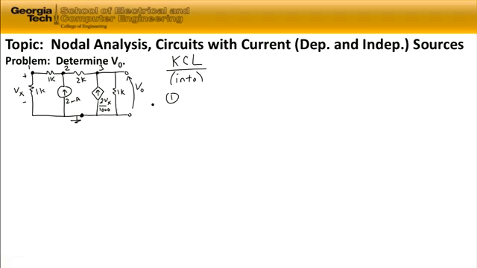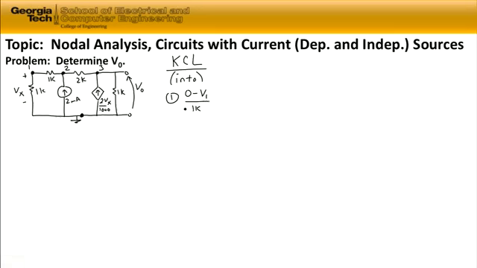If we sum the currents into node 1, we have current through the 1 kilo ohm resistor on the left-hand side of the circuit, and current flowing through the 1 kilo ohm resistor on the top of the circuit. The current through the left-hand resistor flows into node 1 from the ground node, so it's 0 minus V sub 1, the nodal voltage for node 1, divided by 1 kilo ohm.